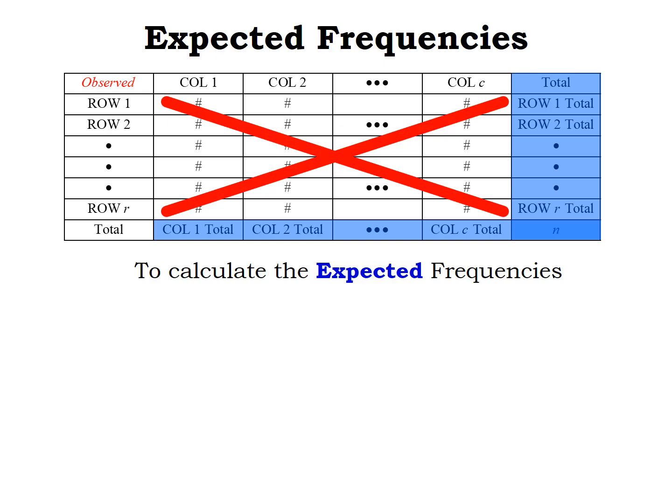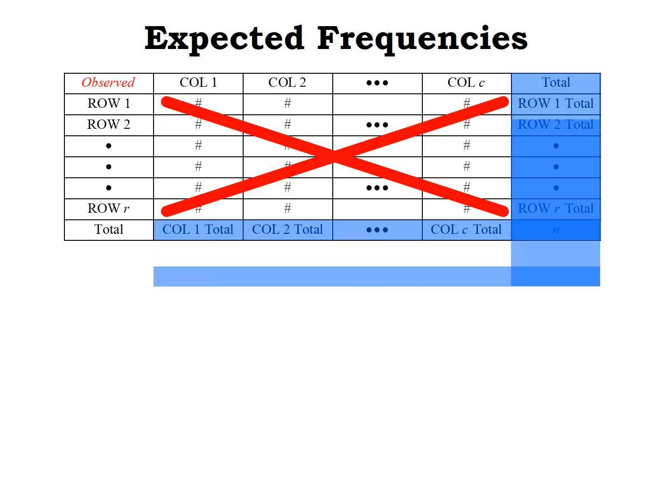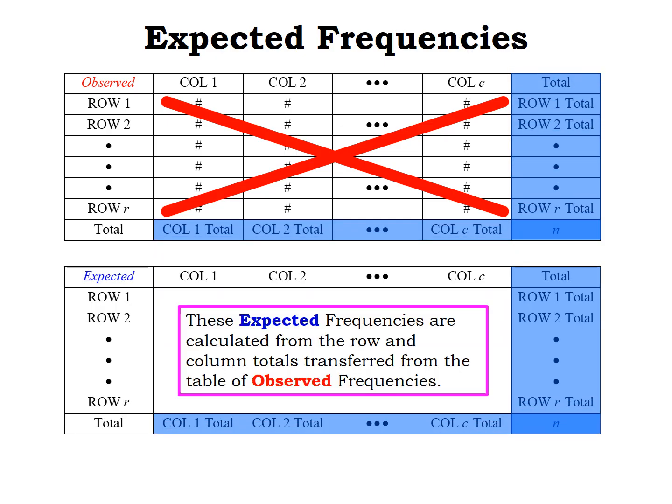Okay, so we need those row and column totals. And from there, we're going to create our expected table. And so we're going to just transfer those values to our new table. And then we're going to calculate the individual combinations of the cells and what we expect those frequencies to be.